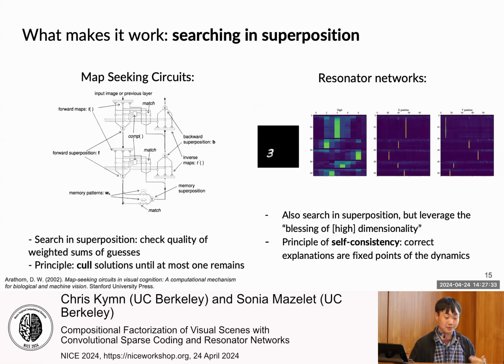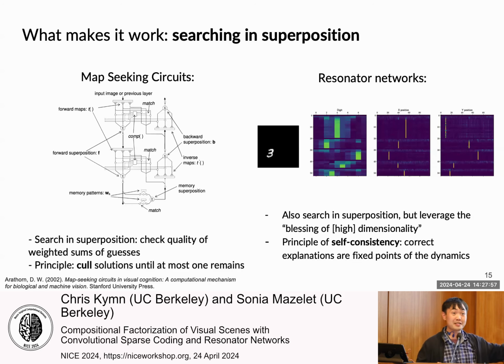of searching in superposition. Another classical algorithm for this is a map-seeking circuit, in which you're summing multiple guesses at a time for multiple different horizontal, vertical, and object positions, and then culling these situations, gradually winnowing down your solution space until at most one remains. I believe David Arathorn presented map-seeking circuits at NICE about a decade ago.